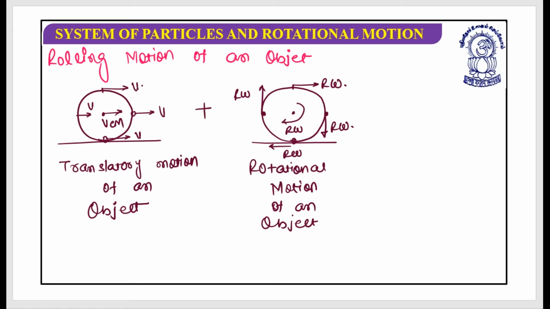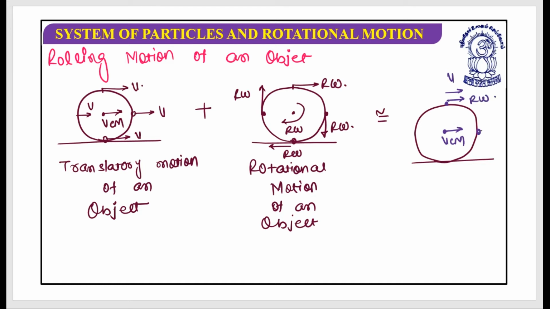Now I'm going to add translatory motion plus rotational motion. So the situation would be something like this: this was my wheel, and now it is having this as VCM. At this particle, it is having two components, one is v, another is r omega.